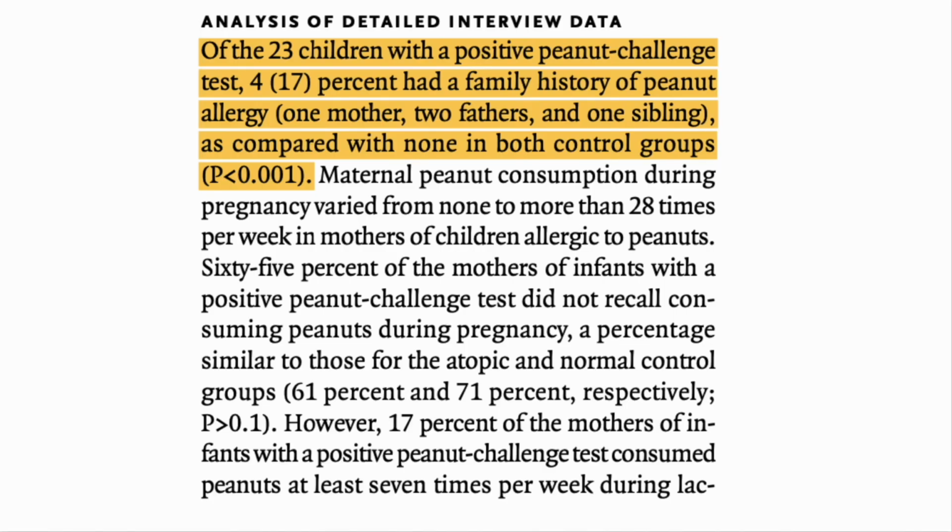And this in the article is where we see the analysis of the detailed interview data, where it says of the 23 children with a positive peanut challenge test, 4% had a family history of peanut allergy. So that was a statistically significant result that they adjusted for.